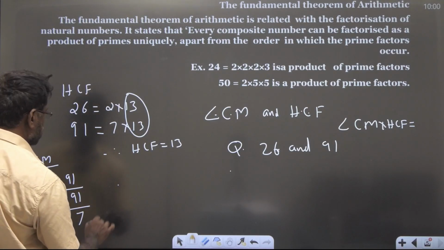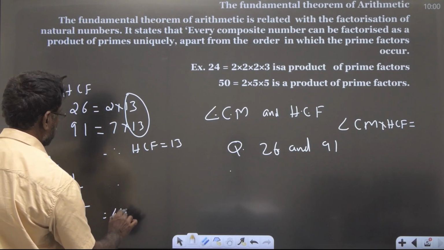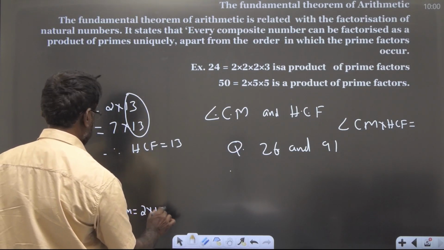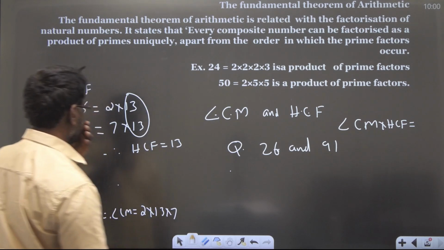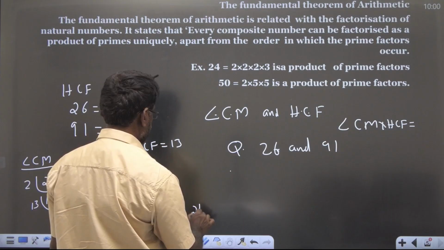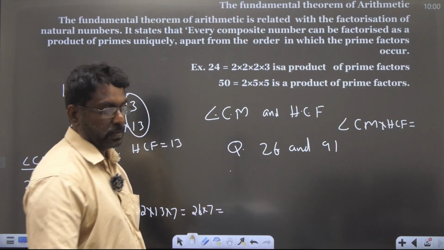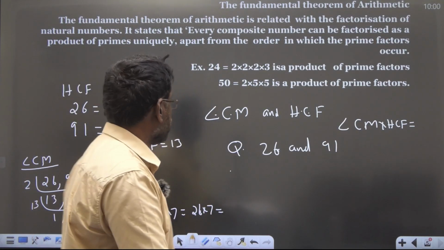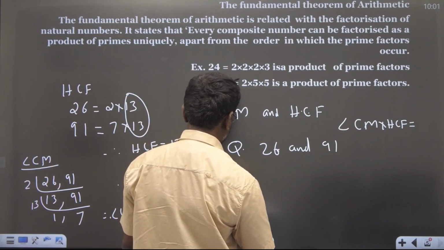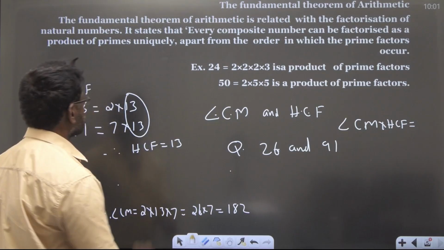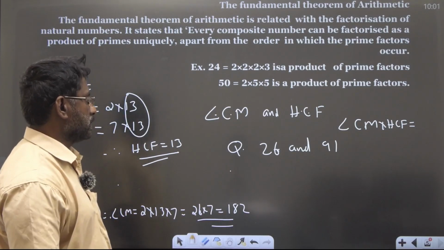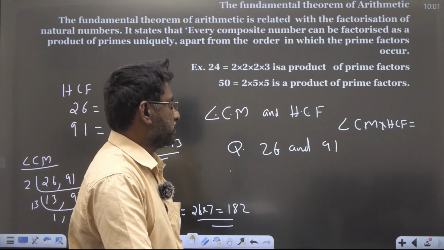Therefore, LCM is equal to 2 into 13 into 7, which is 26 into 7. That is equal to 182. 182 is the LCM and HCF is 13. This is the answer for the first part.